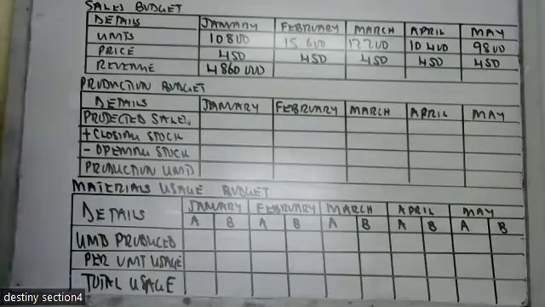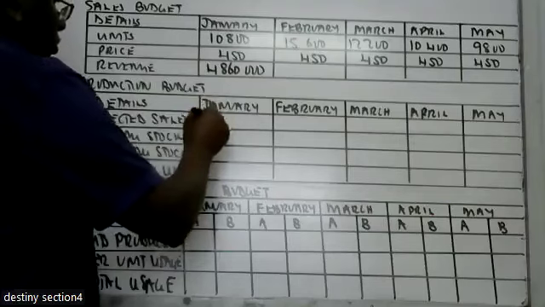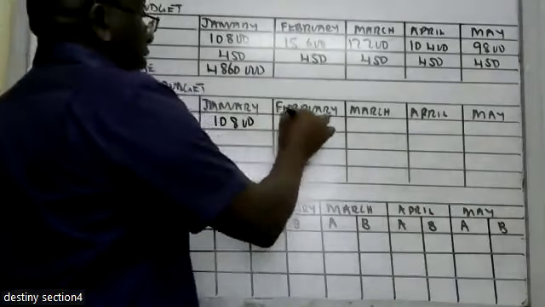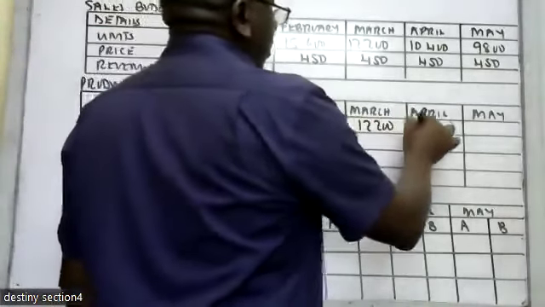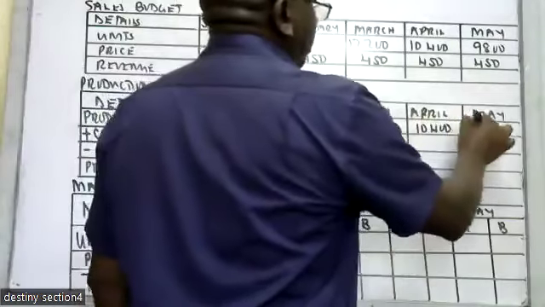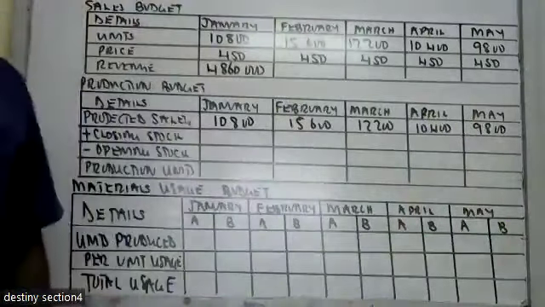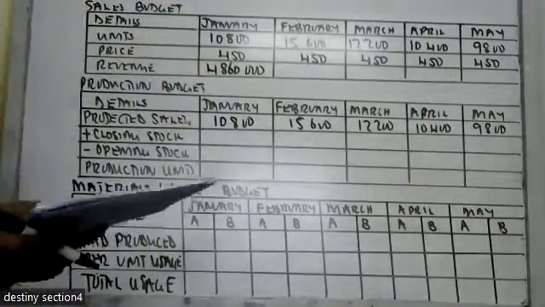You're through, eh? Kuja now kwa production. Again, projected sales 10,800, 15,600, 12,200, 10,400, 9,800. Haya, closing stock.